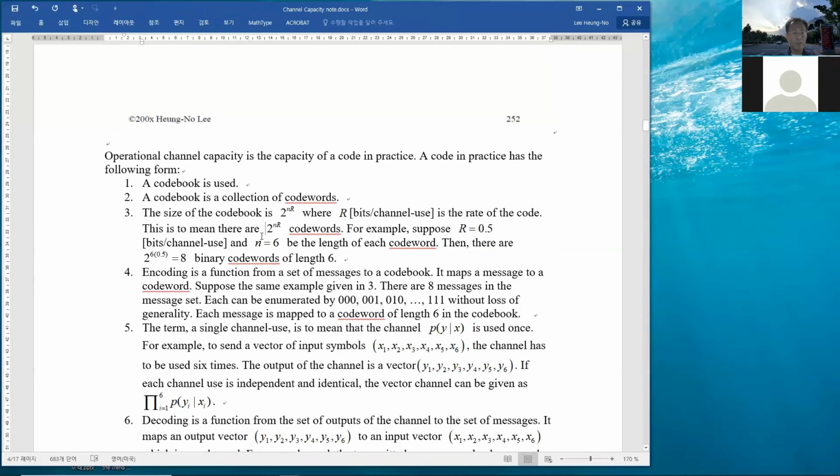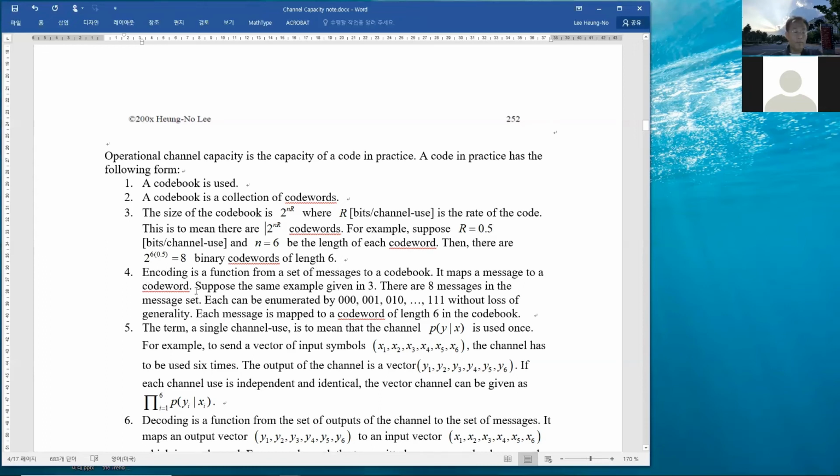In the case of the Hamming code, N is 7, the rate is 4/7, so there are 2 to the power of 4 code words. For another example, suppose R is equal to 0.5 and N is equal to 6, then there are 8 binary code words of length 6. Why binary? Because this is base 2.